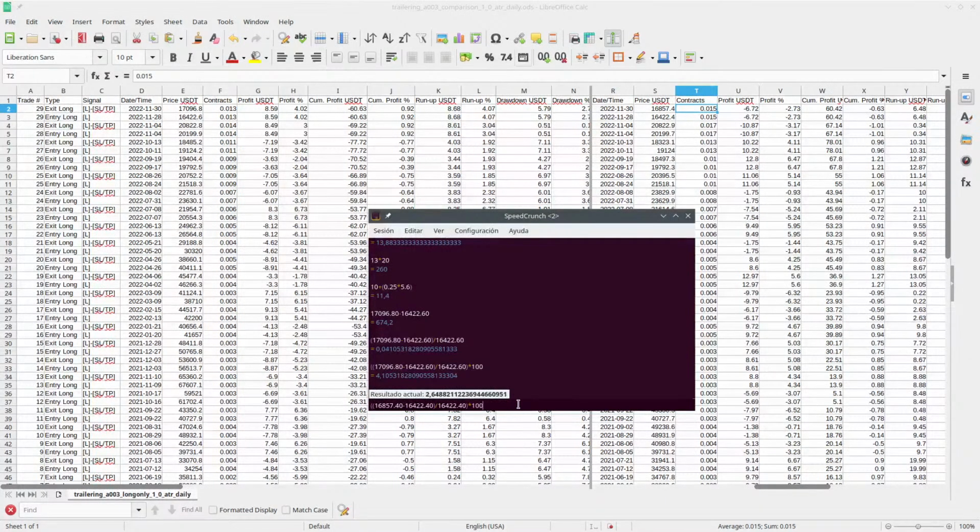Now we can do like this. Okay, so you can see how is the profit is 410 and the other one is 264.